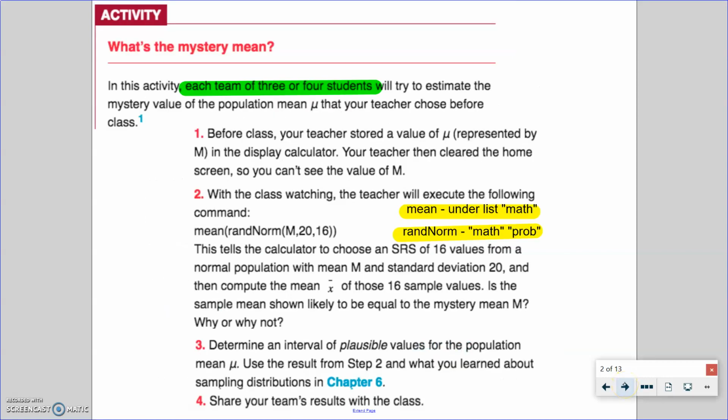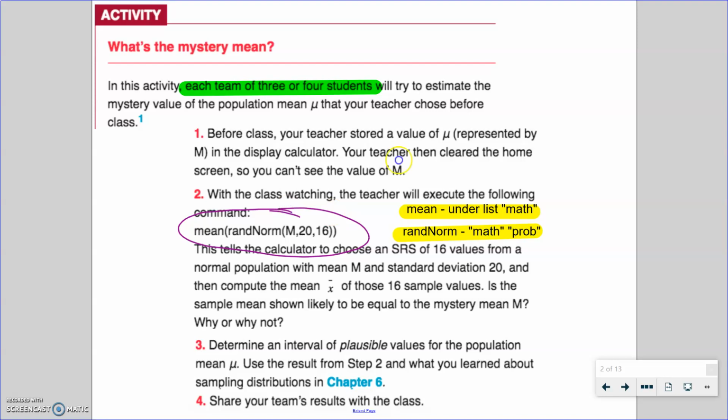So this is the activity we would have done in class. And it's a good activity just because I wanted to kind of talk through it. So I was going to put you guys in teams, and then I stored a value of mu in my calculator. And so then what I was going to do is type in this value right here. And what that would do is actually give us a sample statistic. So I actually have already done that.